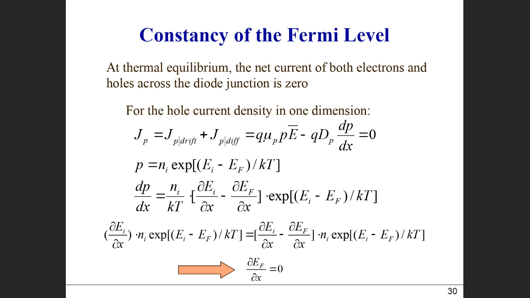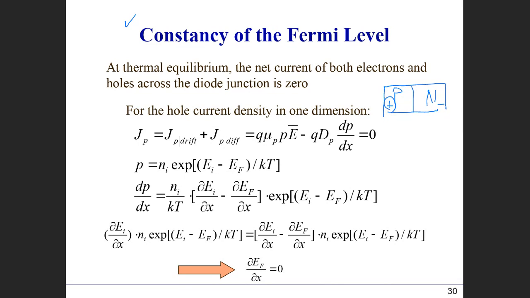So first, before we go further, let me explain why, at thermal equilibrium, when there's no potential applied to the p-n junction diode, the Fermi energy level should be constant throughout the structure. As you remember, it's a basic concept of the p-n junction diode. When you form the p-n diode, in the p side you have lots of holes, right?